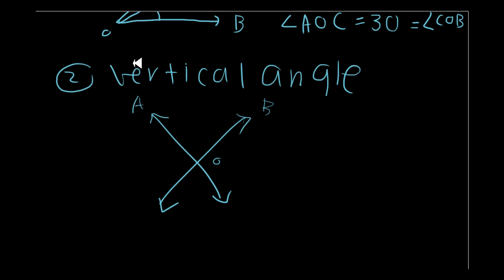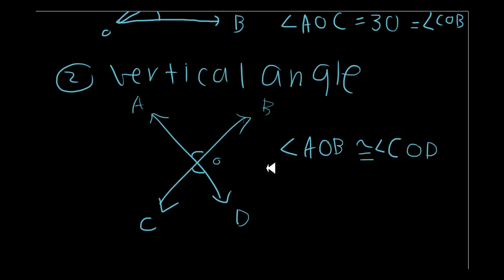Well, vertical angles means the angles across from each other in this X. Do you see this angle is across from this angle? If they form an X like this and they are across, these angles are actually the same. So AOB is congruent to, sorry, let me label this too, COD. And these two angles are also across, so they're also congruent. Get it? So AOC is congruent to BOD.